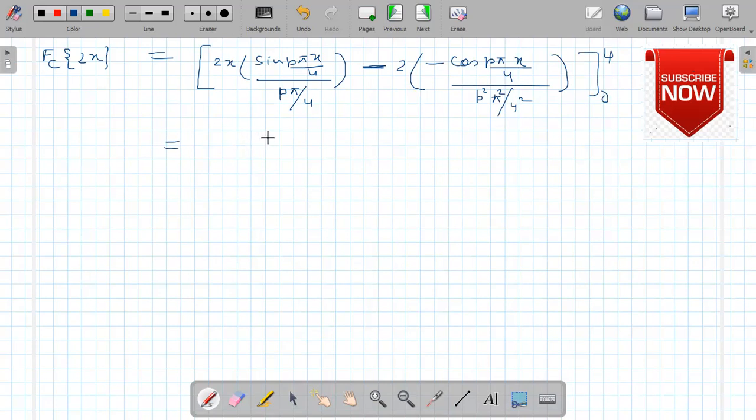So we have 8x upon pπ sin(pπx/4), plus 32 upon p squared π squared cos(pπx/4).